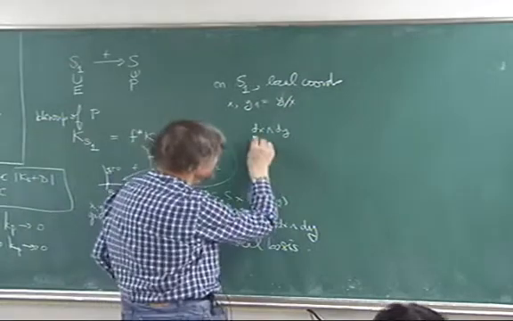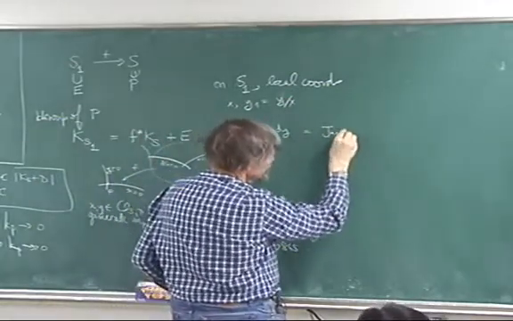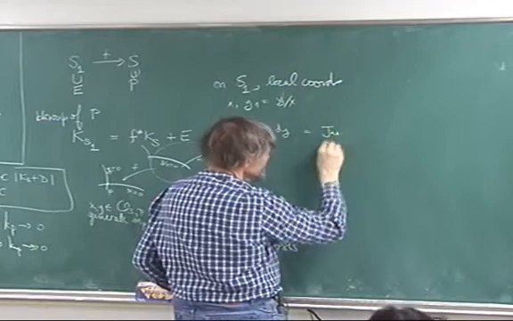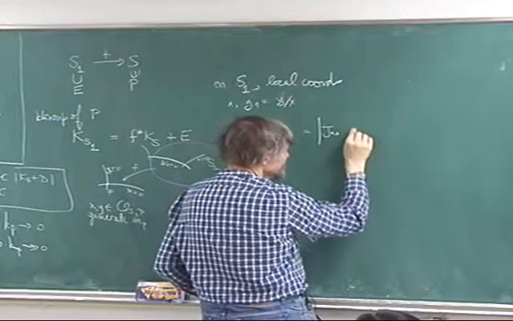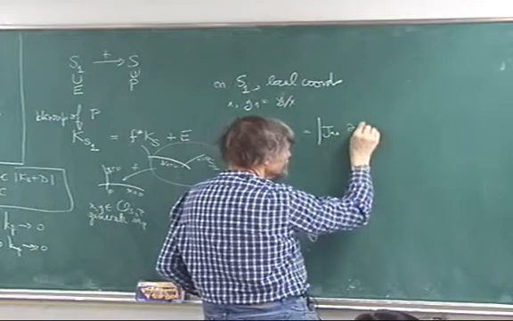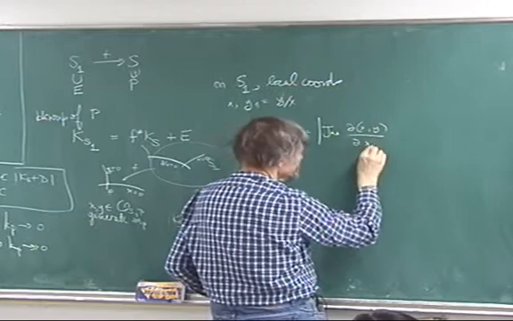Right? So dx wedge dy, well, this is the Jacobian determinant. So it's the determinant of the Jacobian of d of (x, y) divided by d of (x1, y1).